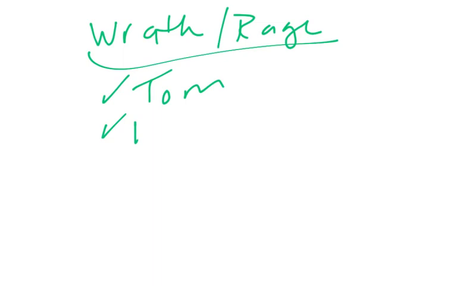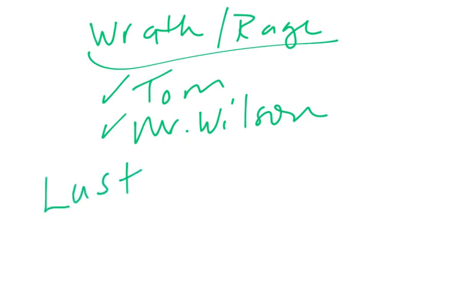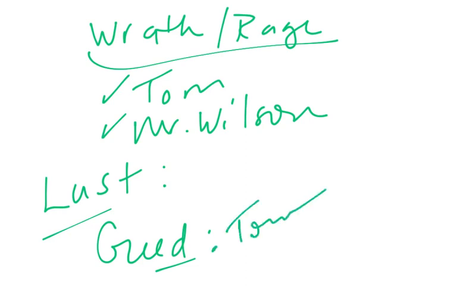I think Mr. Wilson has some rage going on with him. And so we can go down the list. Obviously, lust, greed. Okay? So, again, we could place characters. Greed here, obviously, again, Tom, Gatsby, Wolfsheim.